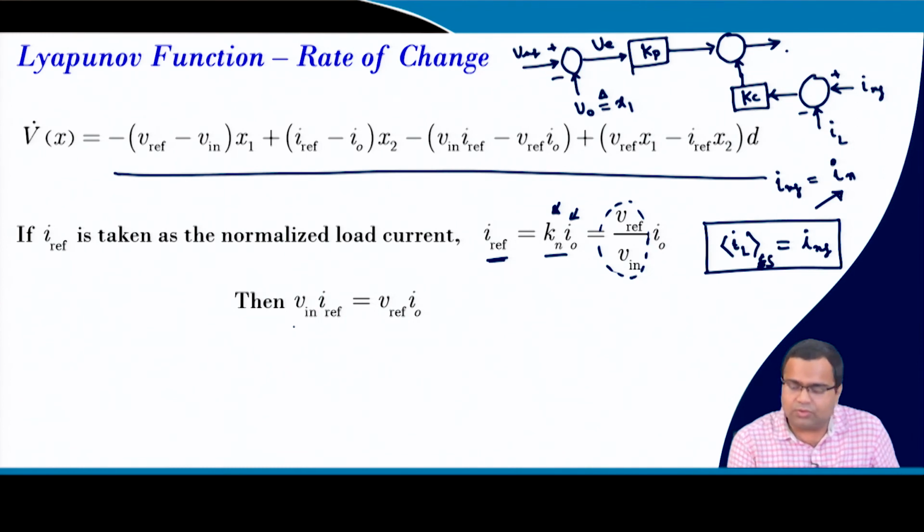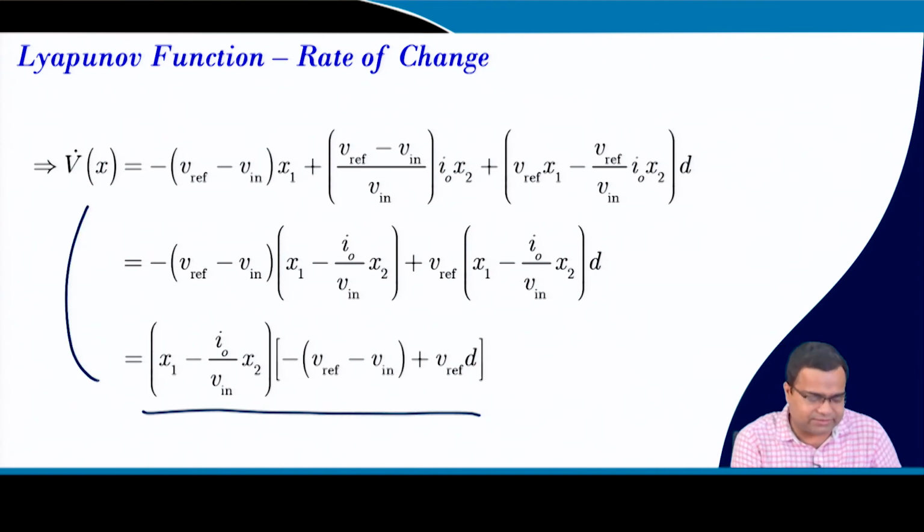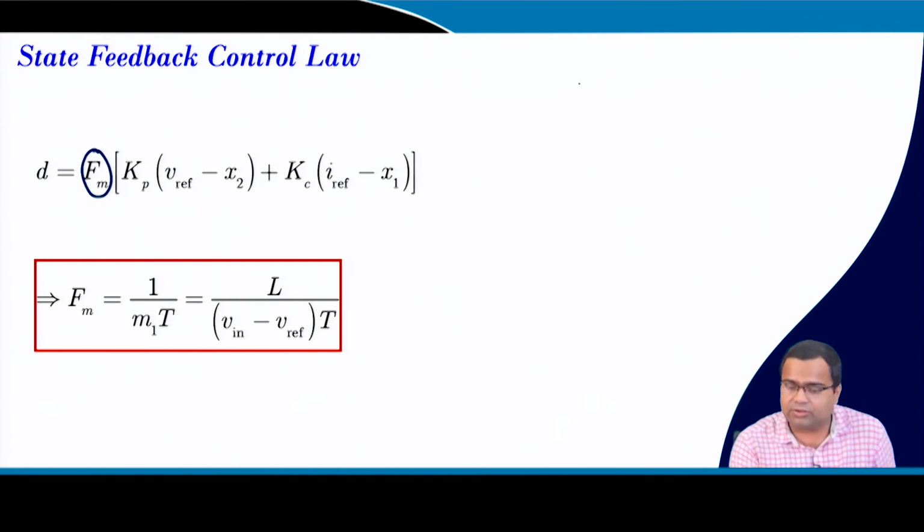Now, if we substitute this I ref with the normalized load current, then what will we get? We will get this equation V dot x, and next our control duty ratio is the modulator gain times x 1, that is my inductor current, minus this I ref, plus x2, which is my output voltage, minus the reference voltage.